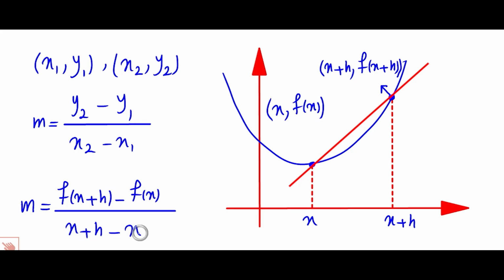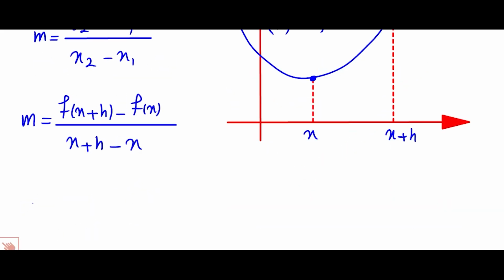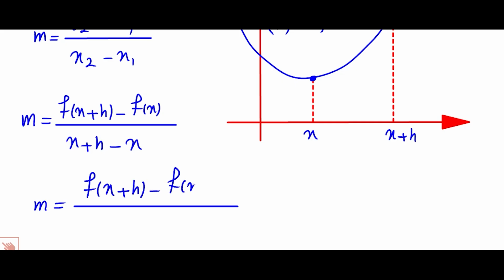Now we can cancel the x's, so we have the slope is equal to f of x plus h minus f of x over h.